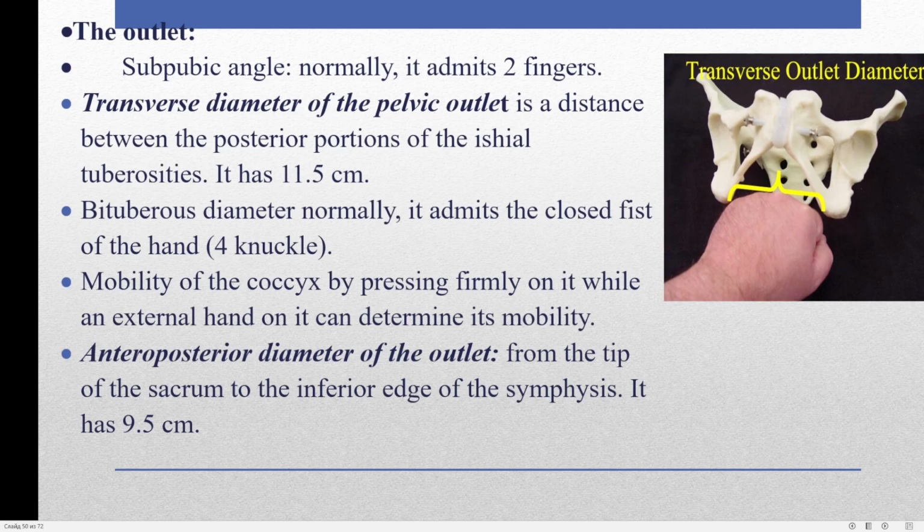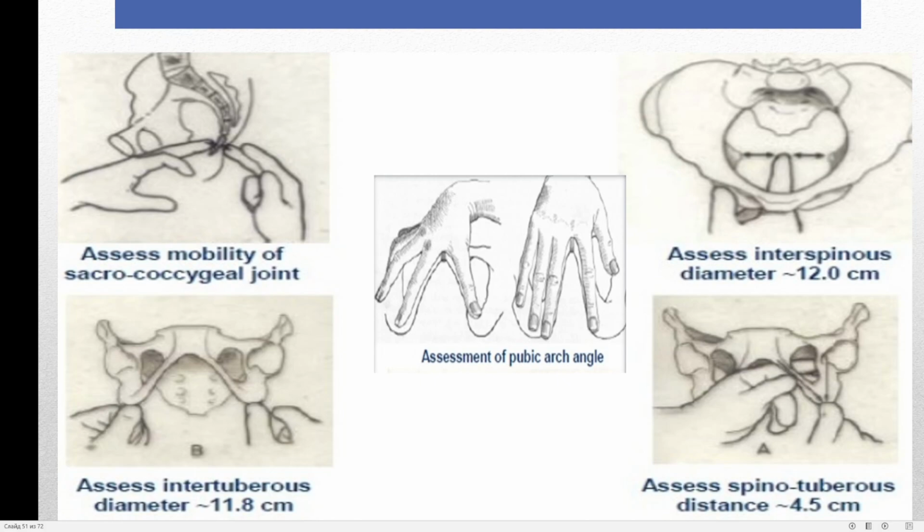But correctly said, it is from the tip of the coccyx to the inferior part of the pubic symphysis. In this picture you can see how we can assess mobility of the sacrococcygeal joint.